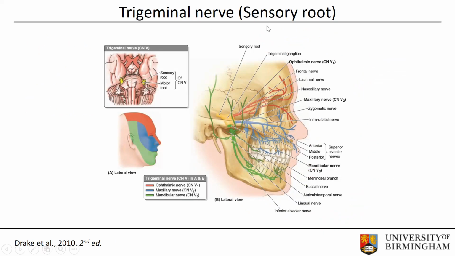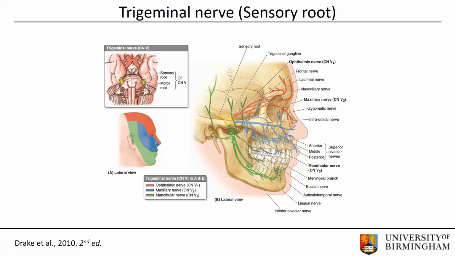Here we have again the trigeminal nerve exiting from the lateral aspect of the pons by a large sensory root and a small root in this top left image.